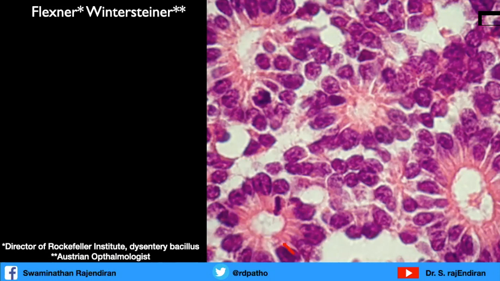Here you can see the nice rosettes, and the central space, you can see the cellular processes extending. They are not filled up. There is some empty space. They are not filled up like in Homer-Wright rosettes, but they are not totally empty. You can see the central cellular processes coming into the central space. So this is the Flexner-Wintersteiner rosette.